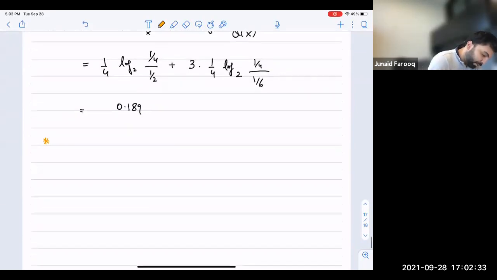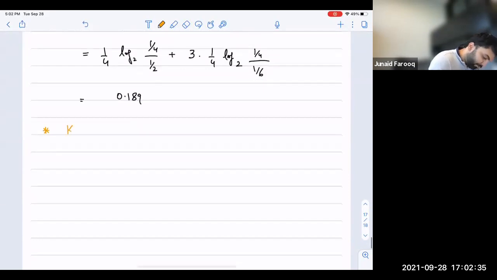So KL divergence is useful in measuring how close two distributions are.